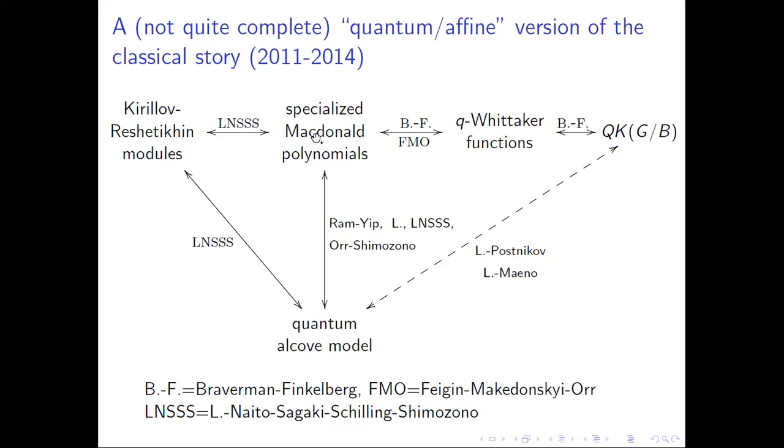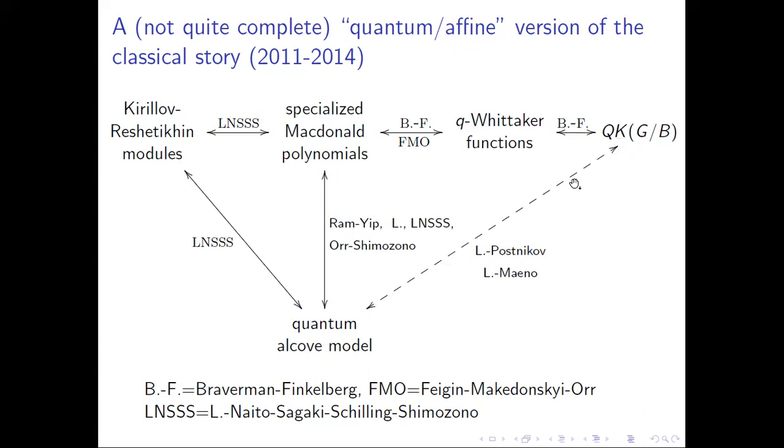And going towards geometry, Braverman and Finkelberg related these specialized Macdonald polynomials to something they called q-Whittaker functions. And then further, they related the q-Whittaker functions to quantum K-theory of the corresponding flag variety.